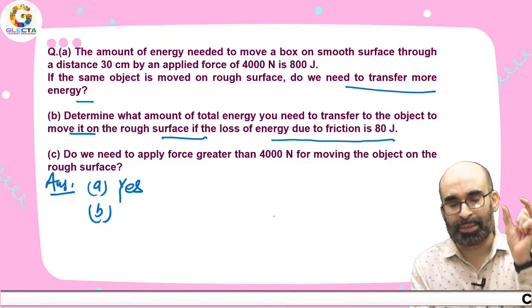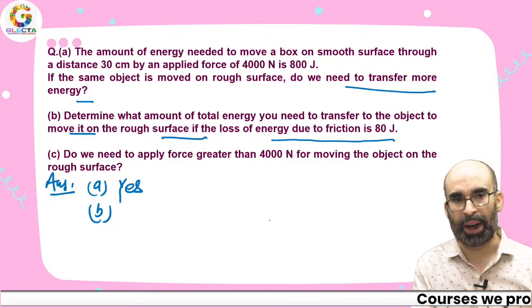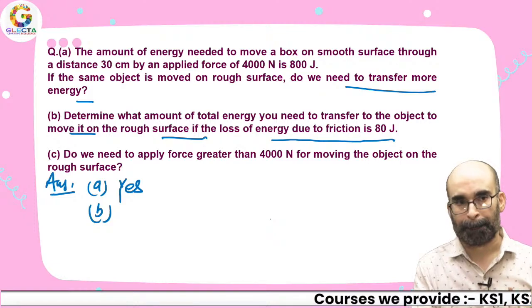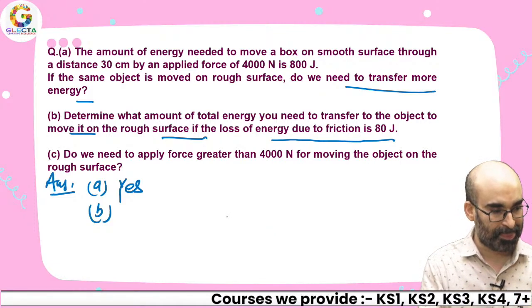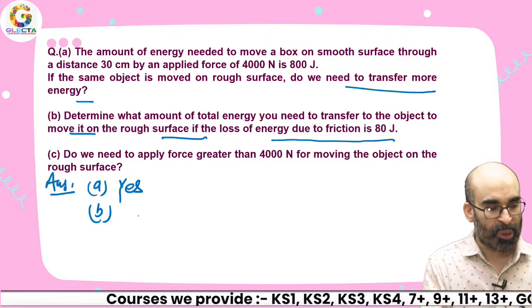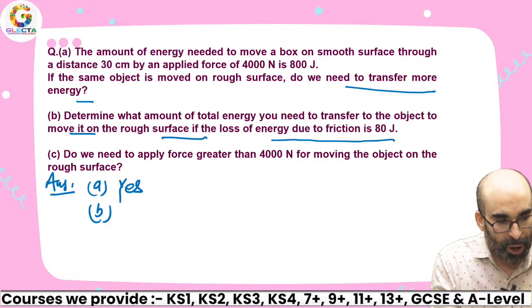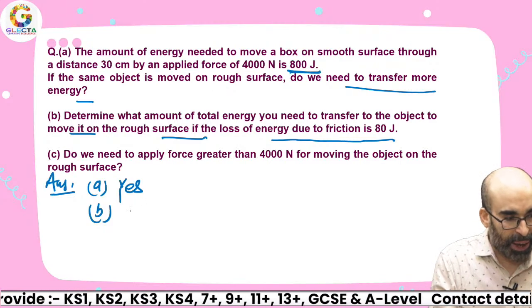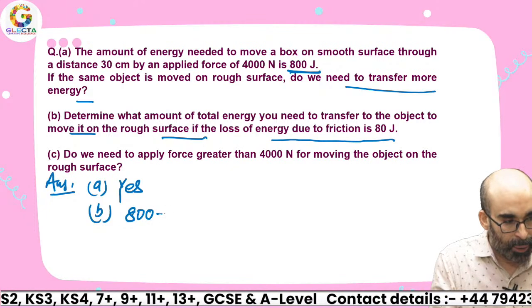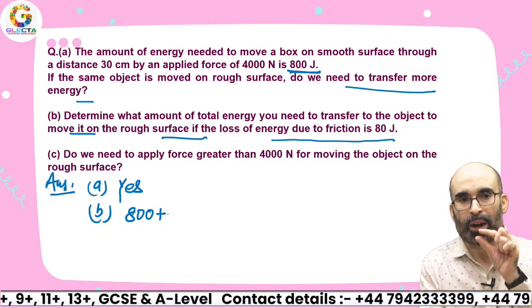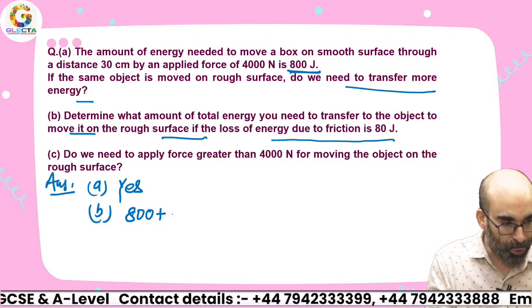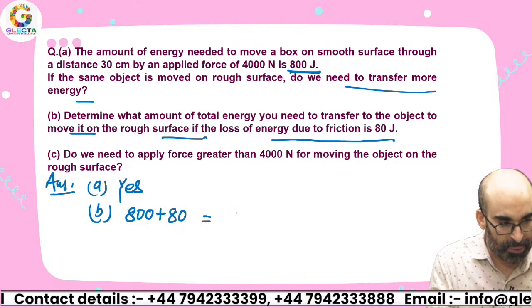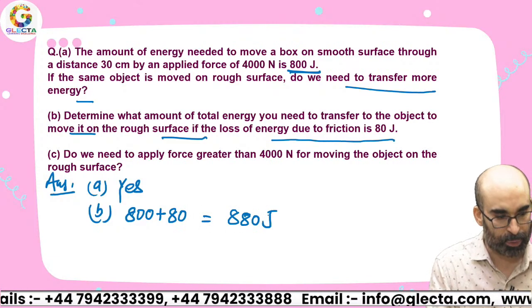On rough surface, you require more energy. Fine. How much more? That's the question. So on the smooth surface, it was 800. On the rough surface, 800 plus the loss of energy due to friction. That means 880 joules.